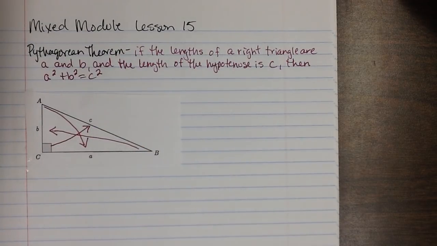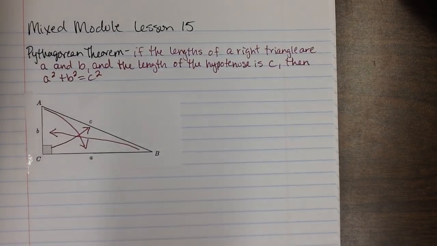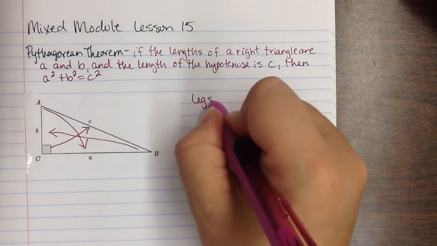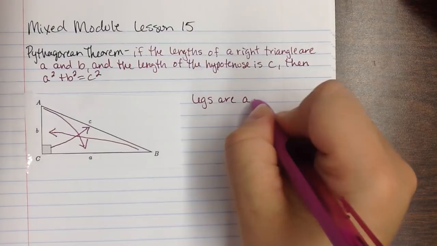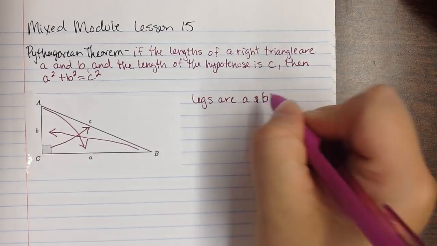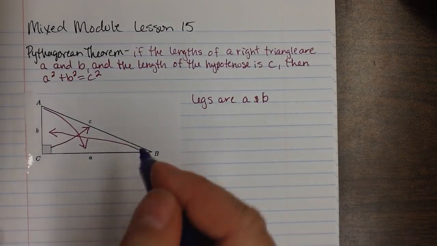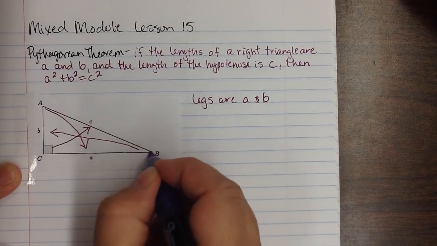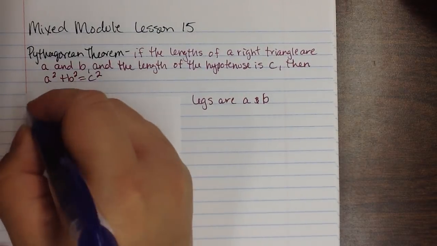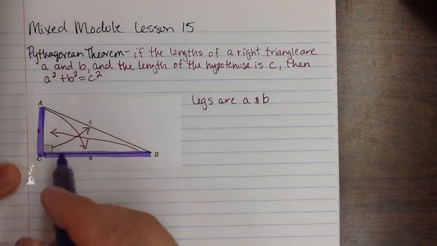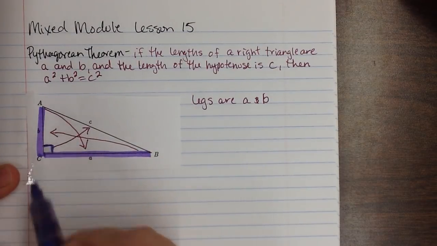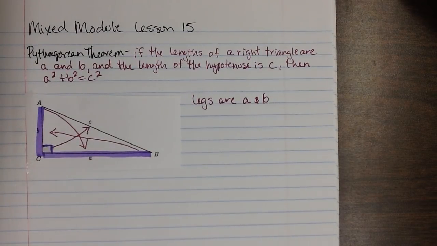Okay, so we're going to write this down. The legs are A and B, and they are the sides that come together. These are the legs. Side A and B come together and make this right angle right here. Okay?